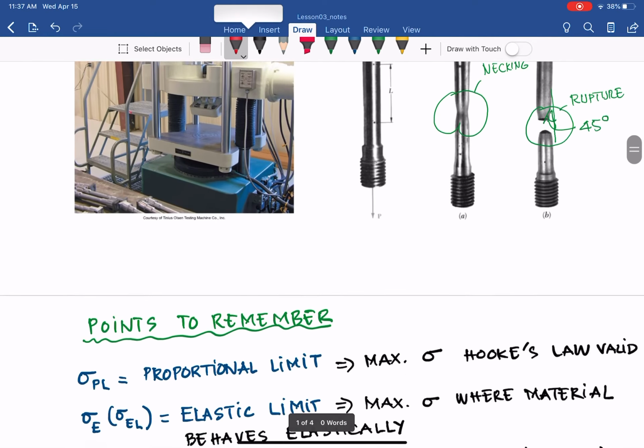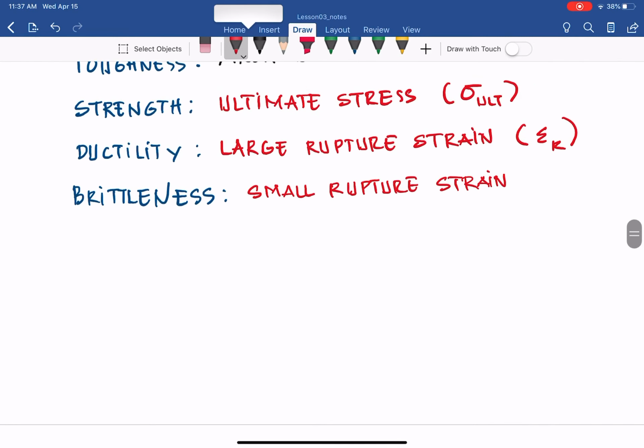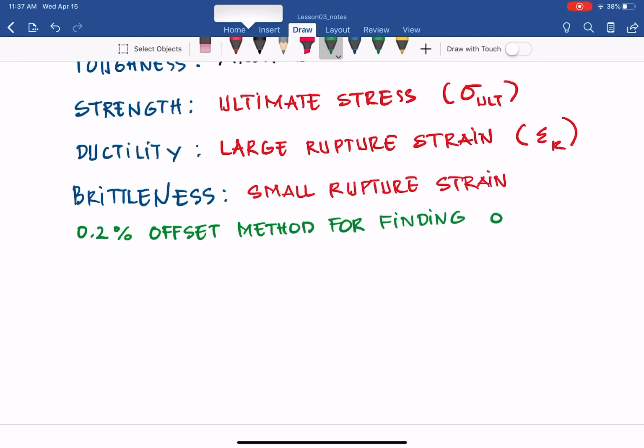With that, we have a method that you can use to define it, and that method is called the 0.2% offset method for finding sigma yield.